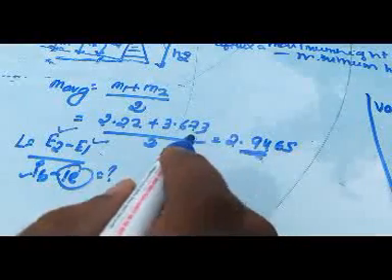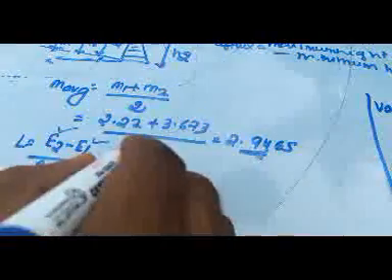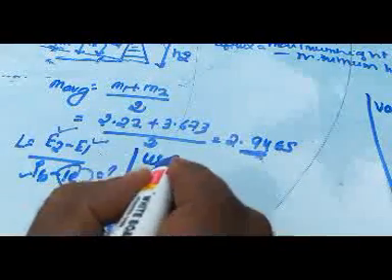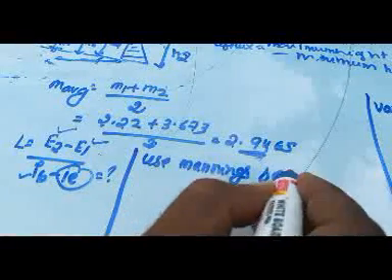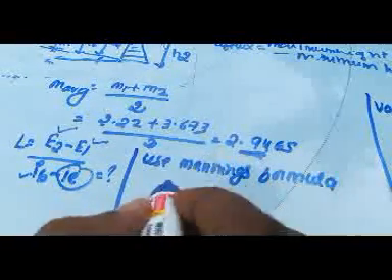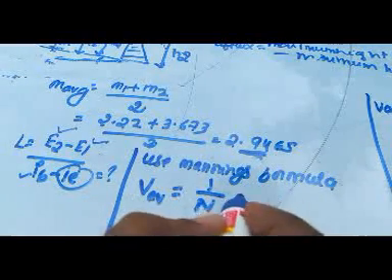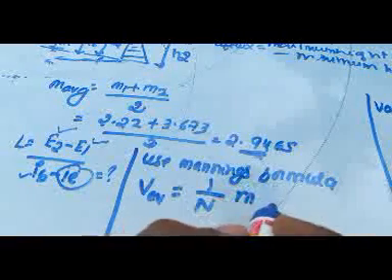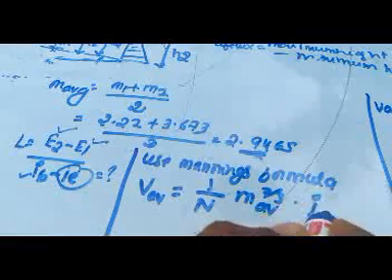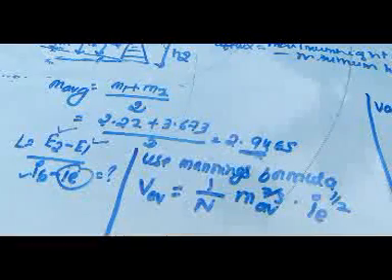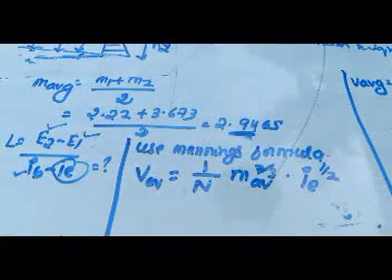To find the value of IE we use Manning's formula: V average is equal to 1 by N into M average to the power 2 by 3 into I to the power E 1 by 2.